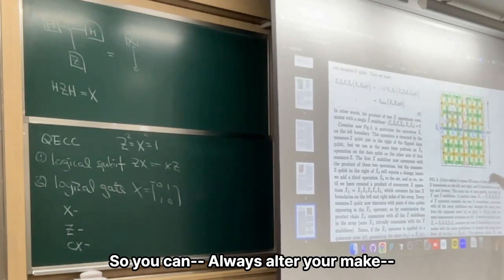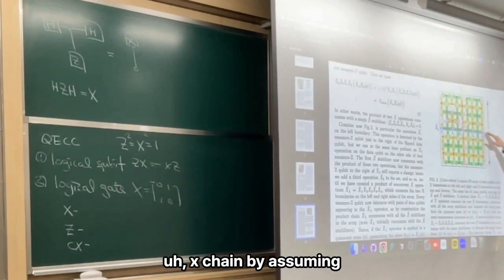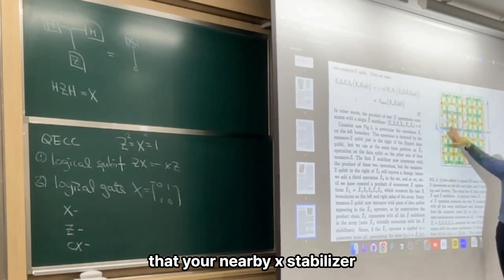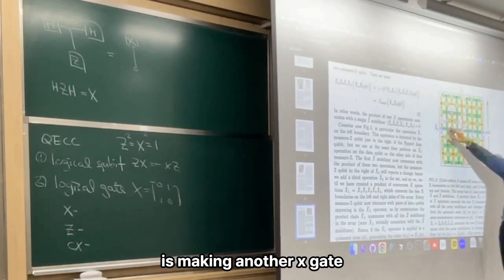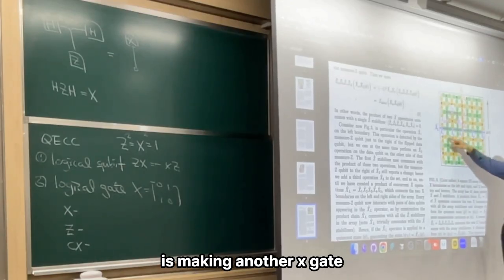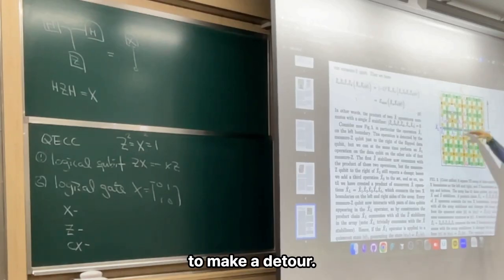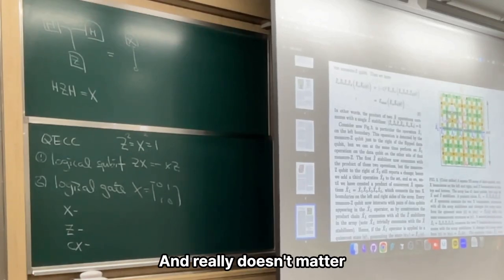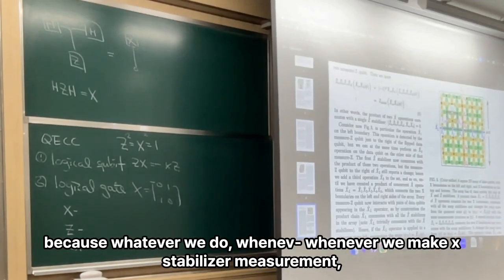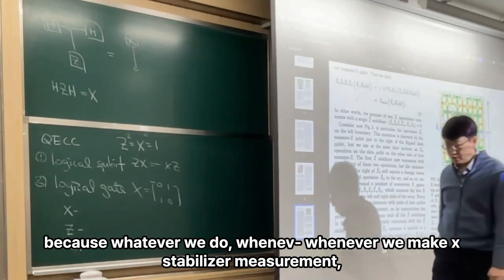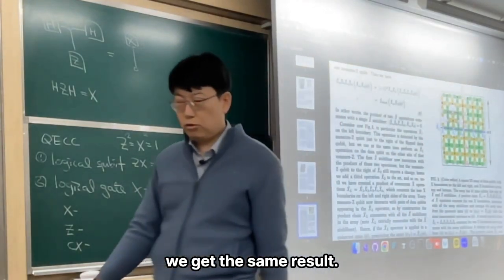So you can always alter your X chain by assuming that your nearby X stabilizer is applying another X gate around this original chain, to make a detour, and it really doesn't matter because whatever we do, whenever we make an X stabilizer measurement, we get the same result.